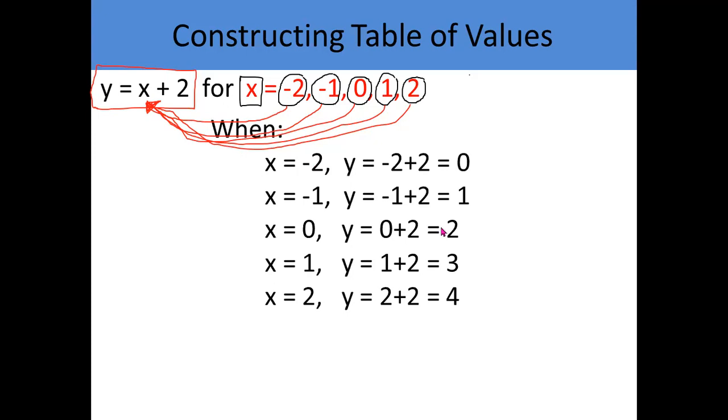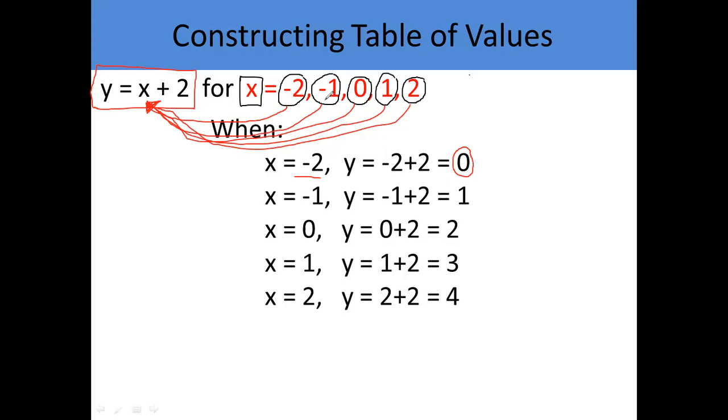Now, when x is -2, y equals, take note, we replace x with -2. So y equals -2 plus 2 equals 0. So when x is -2, the pair y is 0.